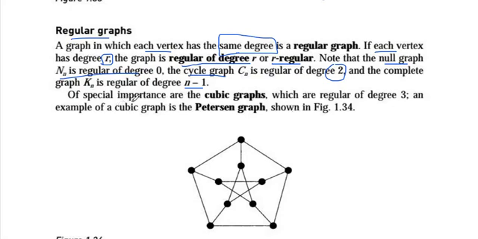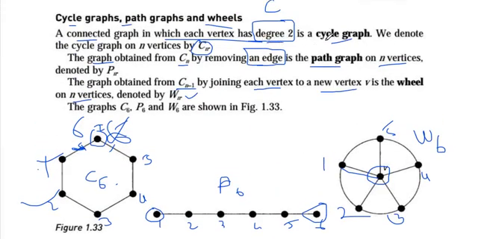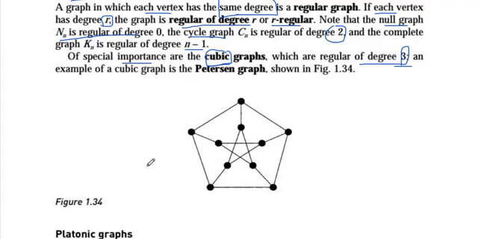Also of special importance is the cubic graph. Cubic means 3, like square and cube, so cubic graphs are regular of degree 3. If the degree is 2, we call it a cycle; if the degree of every vertex is 3, we call it a cubic graph. So this is a cubic graph.